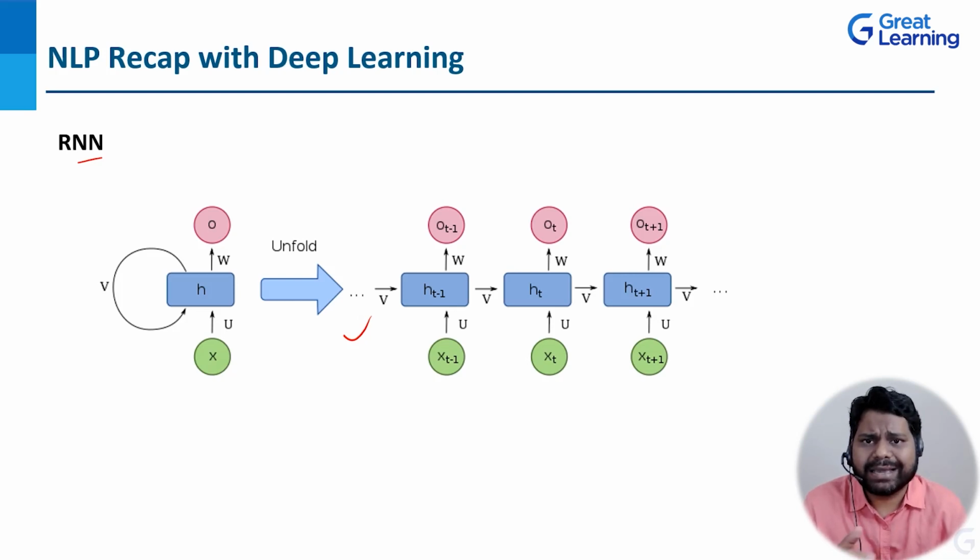Now let's take an example of text data. Suppose you are watching some Marvel series movies. In the Avengers series, based on what happened in the last season or the last movie, you can understand what is happening in this situation.